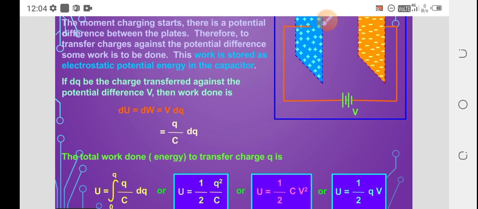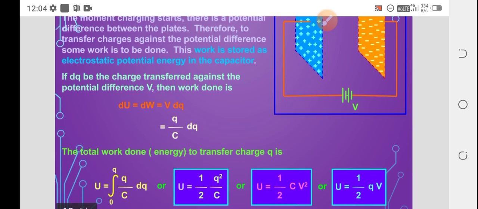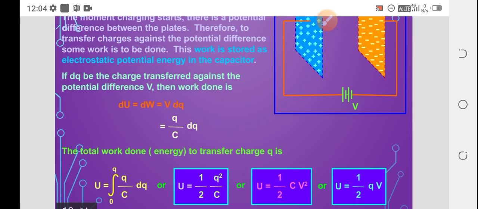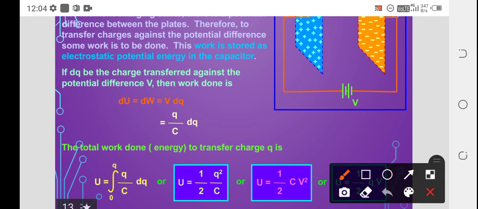This work is stored as electrostatic potential energy in the capacitor. Now you can see here, if dq is the charge transferred against the potential difference v, then what is the work done?